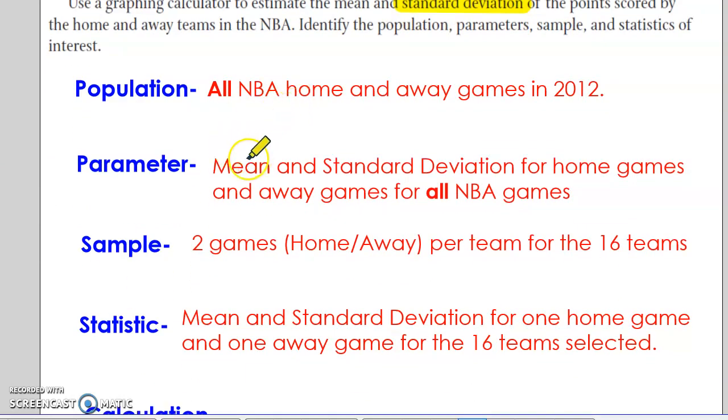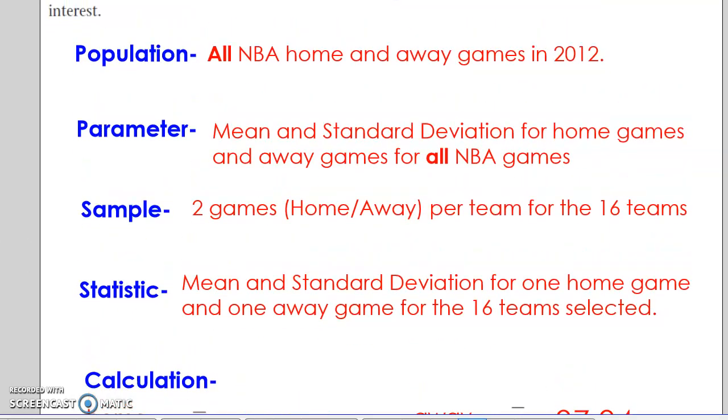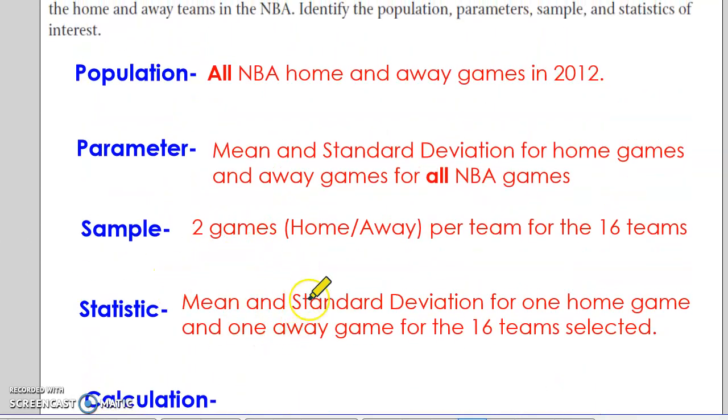The parameter is calculating the mean and standard deviation for all of the NBA games. The sample is basically our table, the home and away games for 16 teams. And the statistic is calculating the mean and standard deviation for just these 16 teams.